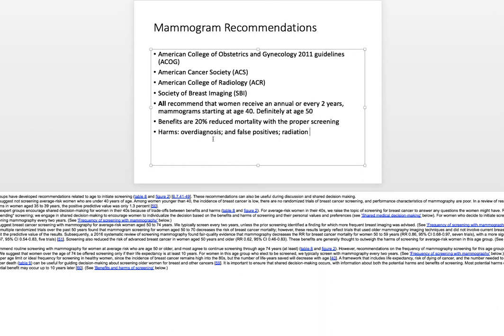With overdiagnosis, unfortunately, there is about a 10 to 50% risk of overdiagnosis, which would lead to invasive procedures as well as potential treatment.